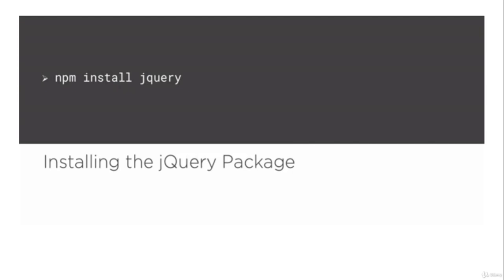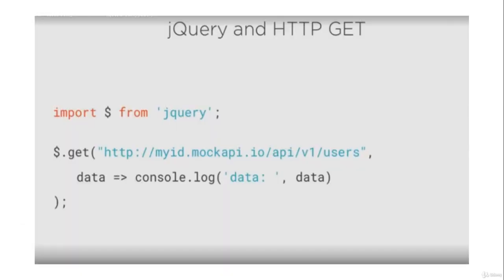Once we have jQuery loaded into node modules, we need to import it into our JavaScript. So we have the import statement, and it's traditional to use the $ sign for jQuery, and we don't need the curly brackets around the dollar, which is just a simple variable name, because jQuery has its own default export.